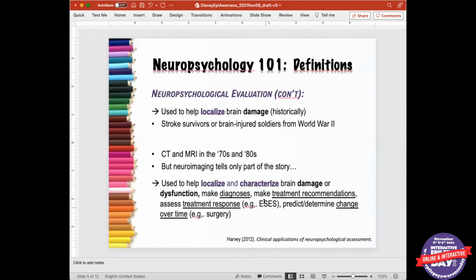So we see children with epilepsy with ESES to try to help determine whether any of that plateauing or regression has occurred, because that would indicate that maybe more aggressive treatment is in order. So it helps the physician determine how to change treatment going forward, and then to see if the treatment works.